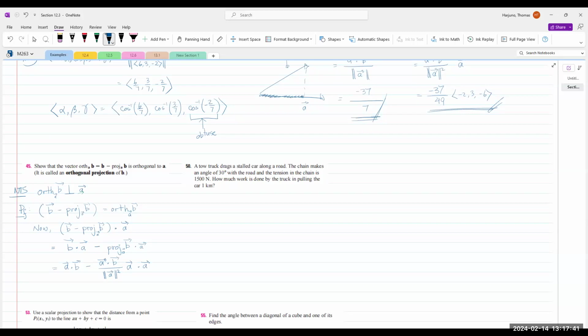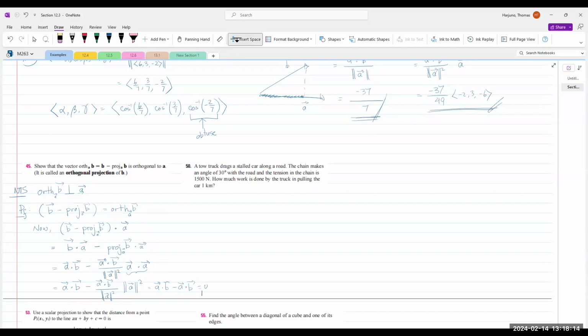A dot A is the same as the magnitude of A squared, right? Notice that we end up with A dot B minus A dot B, which equals 0.